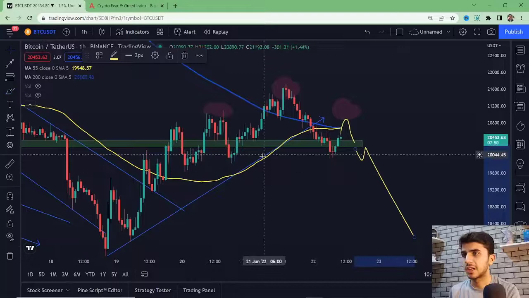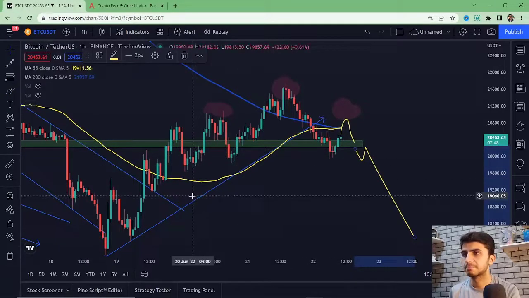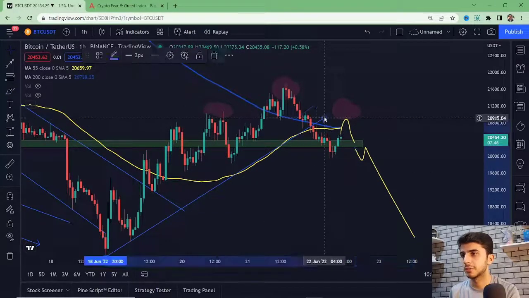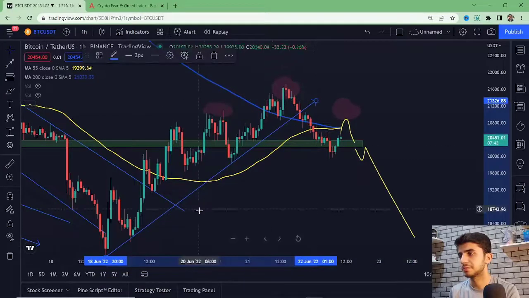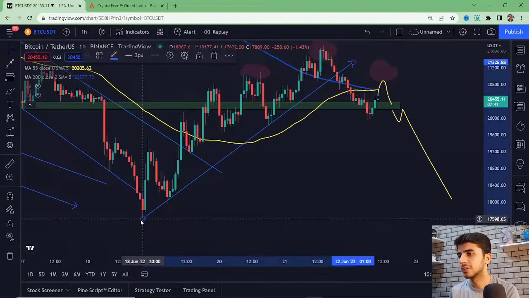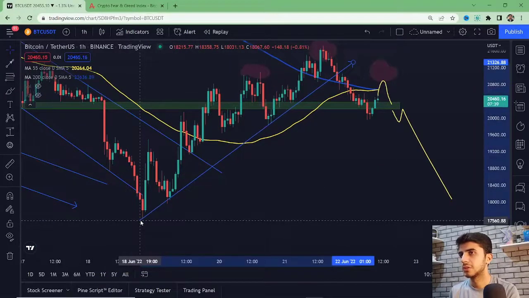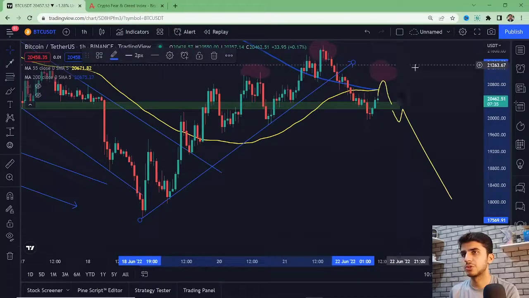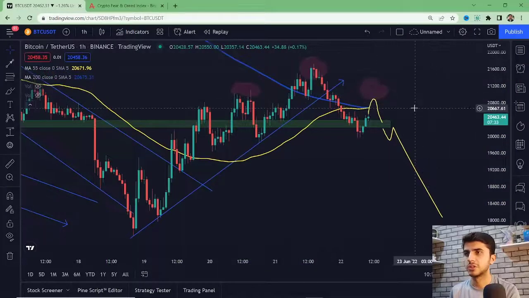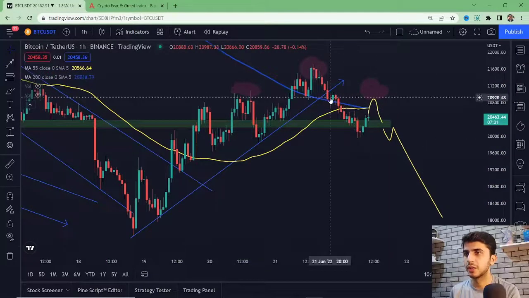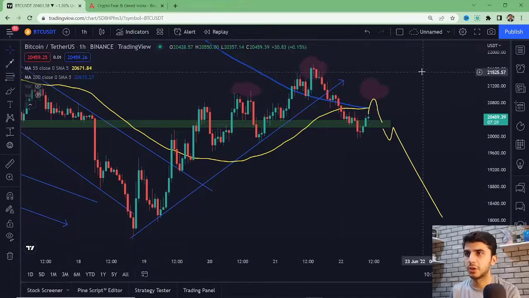And one more thing is that this was the support line. Let me just make it a better one. So this was your support for the Bitcoin, which it broke last night from this point, and the sell-off happened.